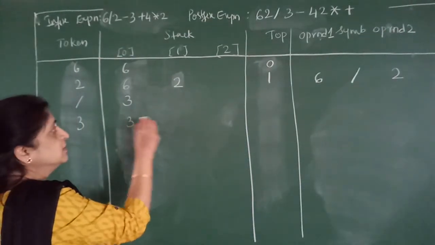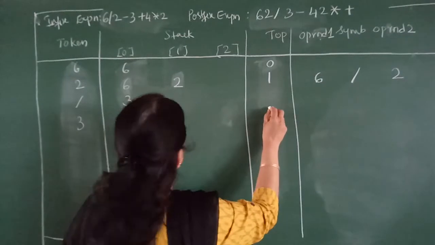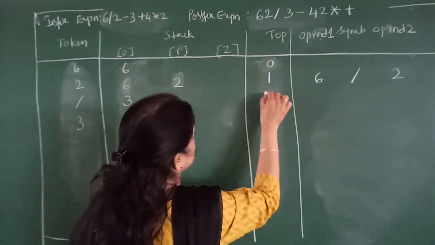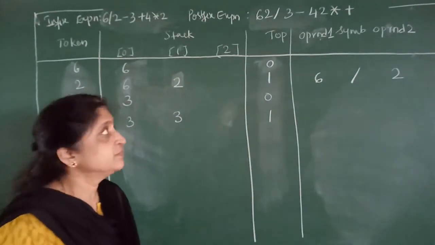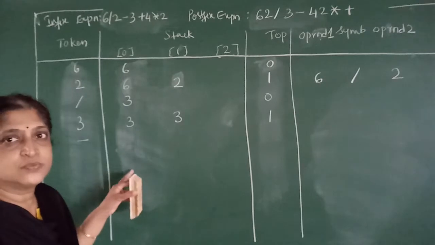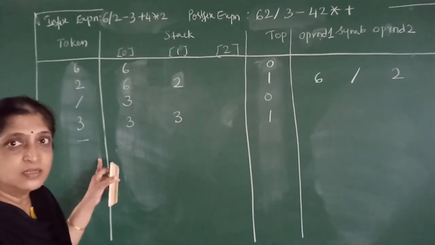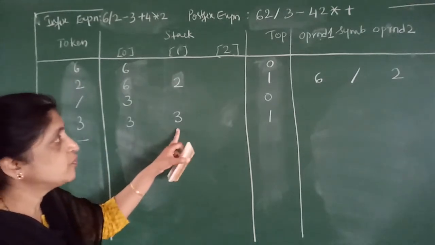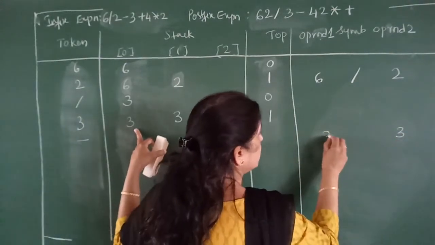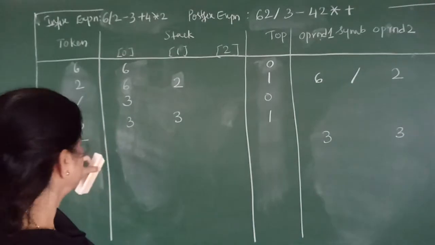We have 3, stack top is 1. Then we have minus. Since we have an operator, we have to pop 2 elements. So pop 3, then the next element, pop this, apply the operation minus.